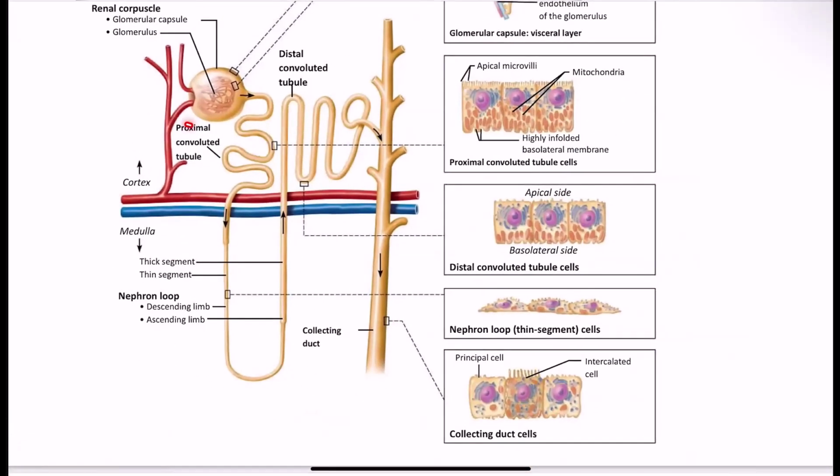So the proximal convoluted tubule, the PCT. These are simple cuboidal epithelium. That's what we're looking at here. And there's lots and lots of microvilli. I think this is really important to remember because microvilli are structures that drastically increase surface area.